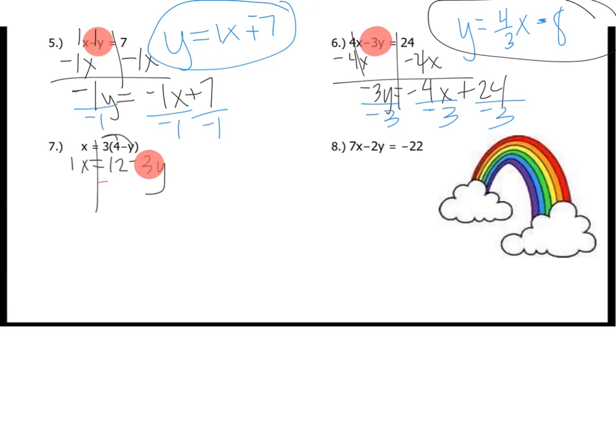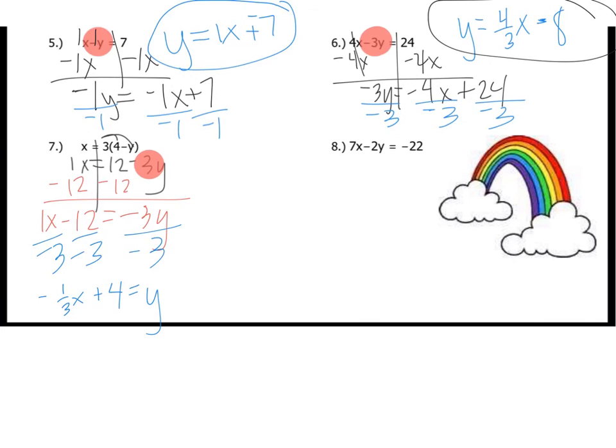So we're going to subtract 12 from each side, and 1x minus 12 equals negative 3y. We need to divide everything by negative 3. So negative 1/3 x plus 4 equals y. Keep in mind that that negative 12 divided by negative 3 makes a positive. If you want, you can rewrite that. So y equals negative 1/3 x plus 4.